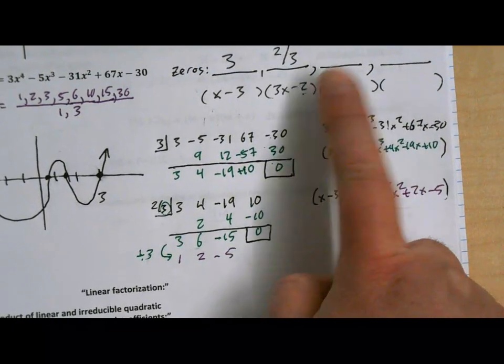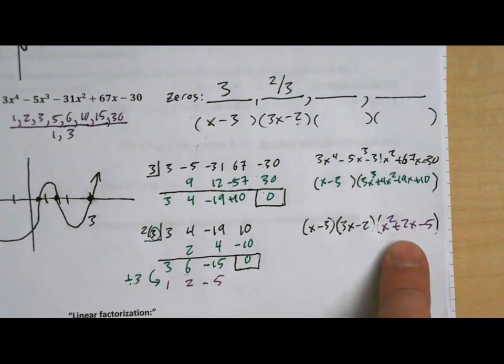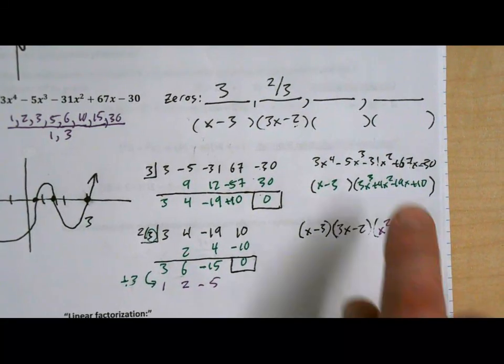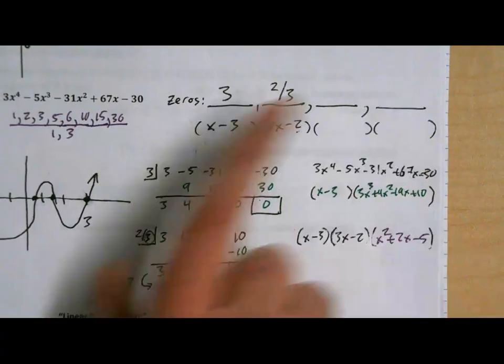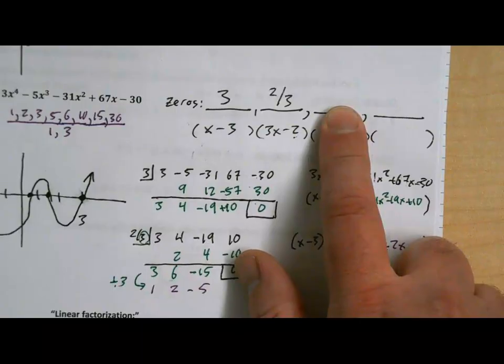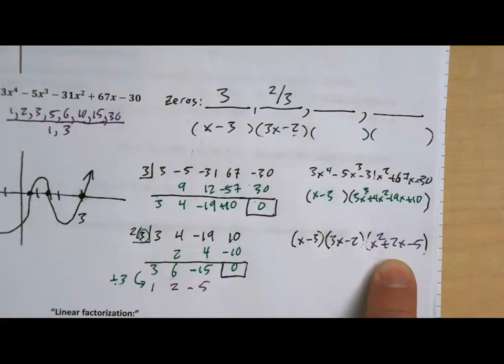Whatever we're left from here, whatever we're missing from our zeros for our original polynomial, those are the two zeros from this factor. And what did we say about these two zeros a moment ago? Because we couldn't find it on our P over Q list, what did we say about these two zeros? They're irrational. Okay, so this thing has irrational zeros, which means it's not going to factor.